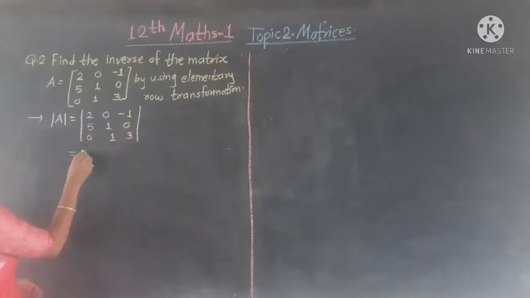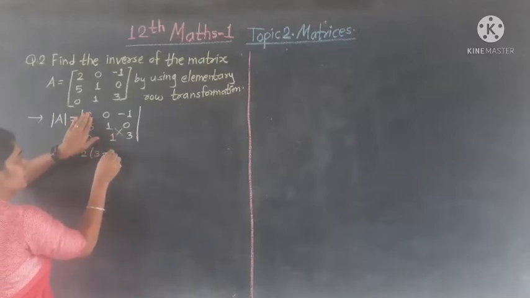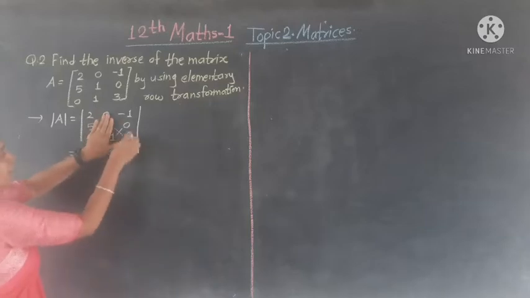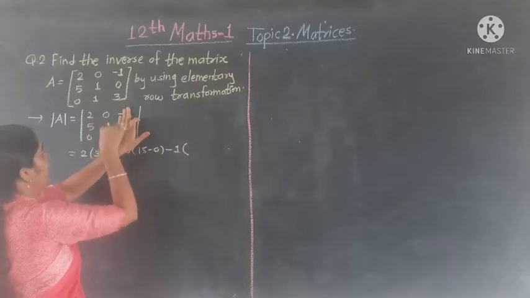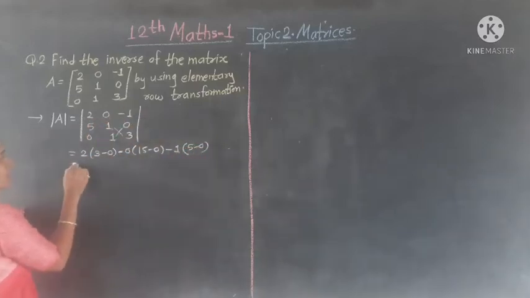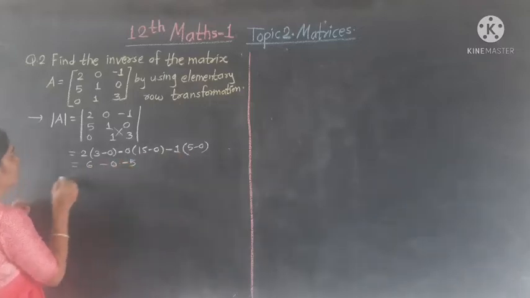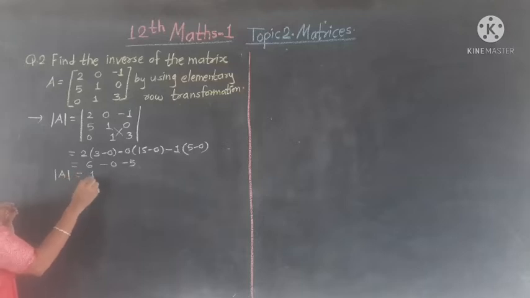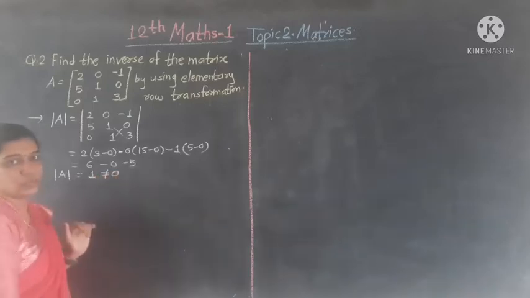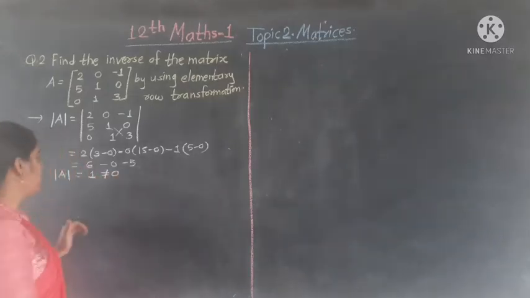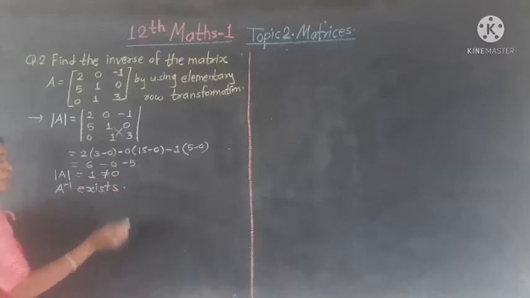You know how to find determinant. 2 into bracket 3 minus 0, minus 0 into bracket 15 minus 0, minus 1 into bracket 0 minus 5. Therefore value of determinant A is 1, which is not equal to 0. Therefore A inverse exists.